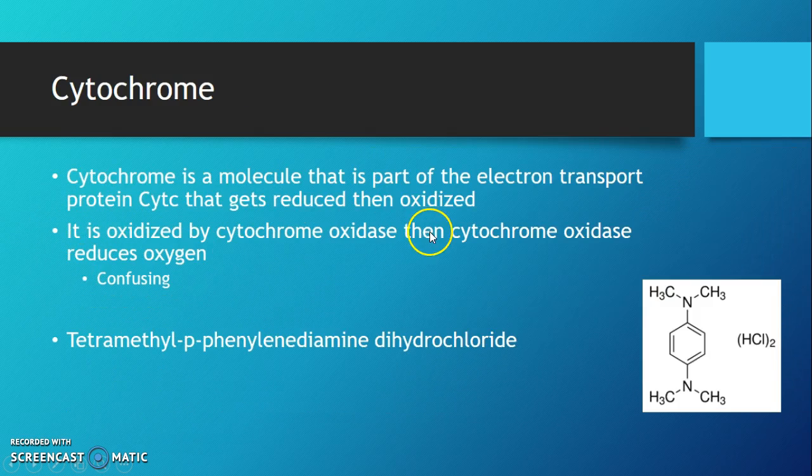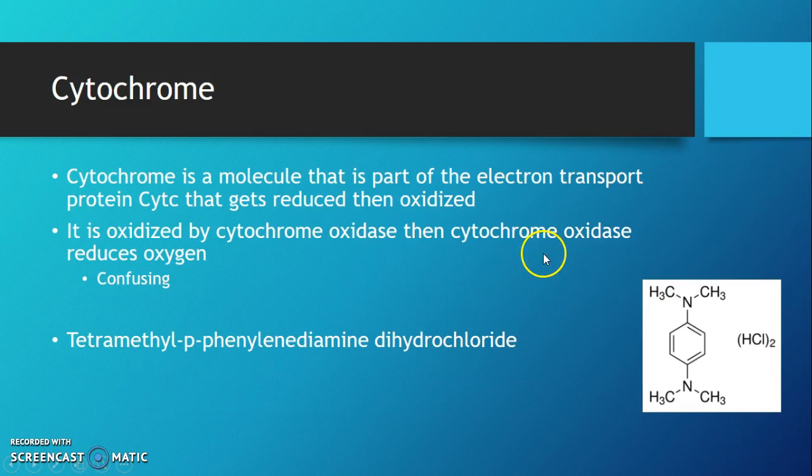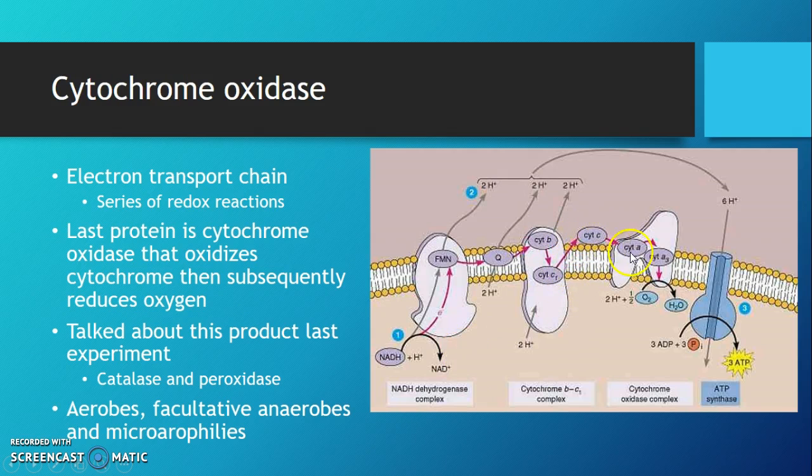So it's oxidized by cytochrome oxidase. This protein is the one that oxidizes this, so it's called cytochrome oxidase because it's oxidizing this cytochrome. It's kind of confusing, but if you really just look at the electron flow, you can see that it's oxidized here and then reduced here.